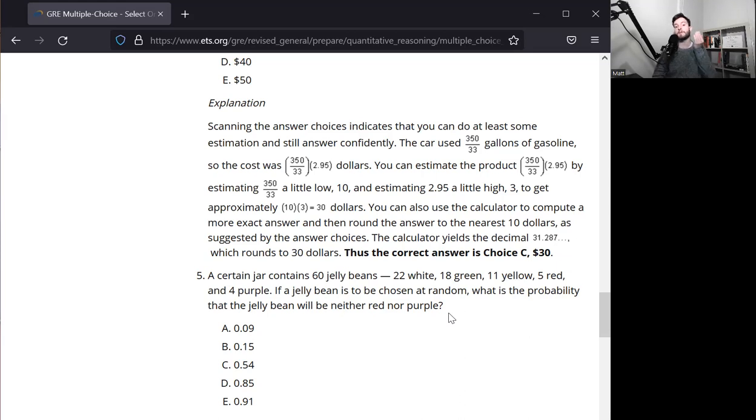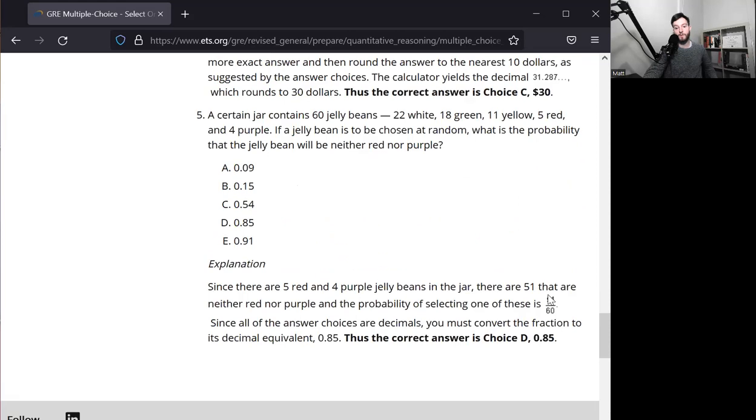The total, by the way, would be 60. Total possible outcomes is 60. The desired outcomes would be 33 plus 18, which is 22 plus 11 plus 18 is, let me just get the answer, 51. 51 over 60 is going to be 85%. 85% chance, which is 0.85.